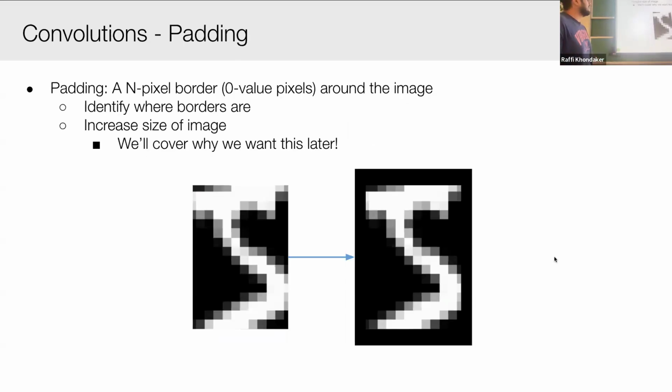Okay. And padding is effectively adding placeholder values around the border of your image. What this does is increase the size of the image. We'll talk a little bit more about why we do this in just a bit. But generally, before you do your convolution in your CNN, you might want to pad your picture, which increases the size of the output feature map.